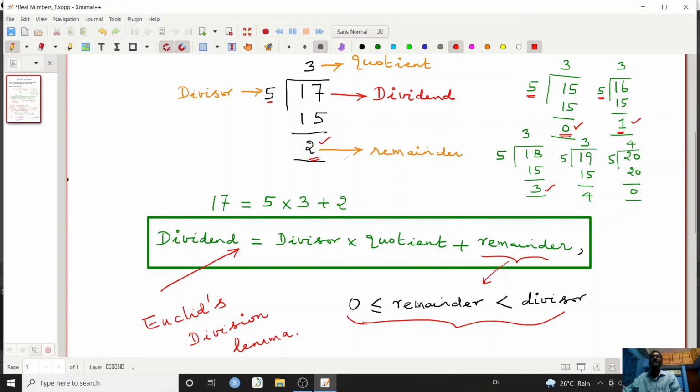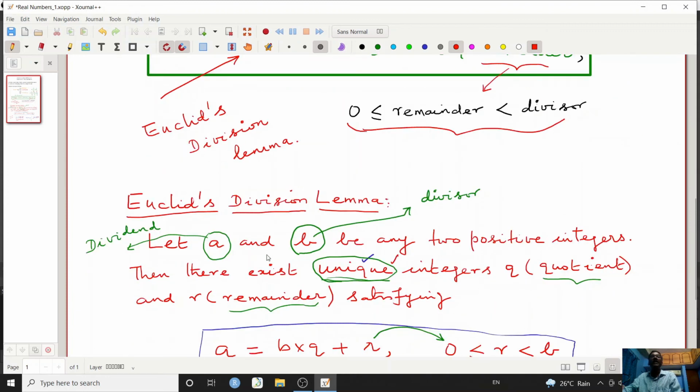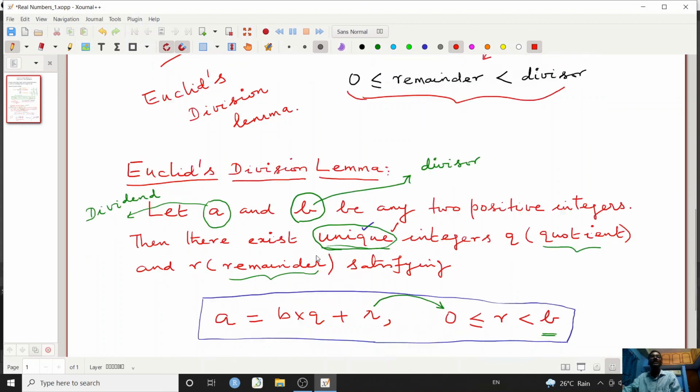In symbols, whenever A and B are any two positive integers, then we can always find two integers Q and R uniquely such that A is equal to B times Q plus R, and the condition on R is 0 less than or equal to R less than B.